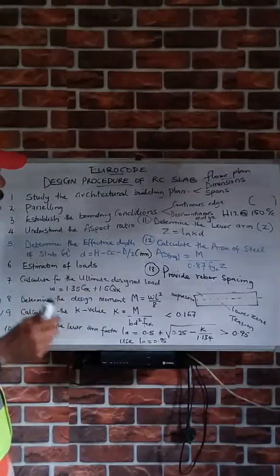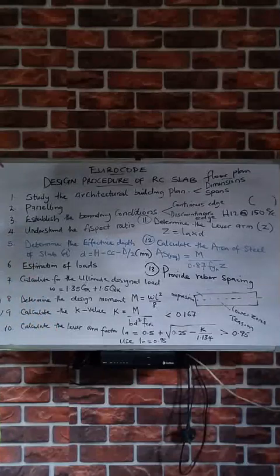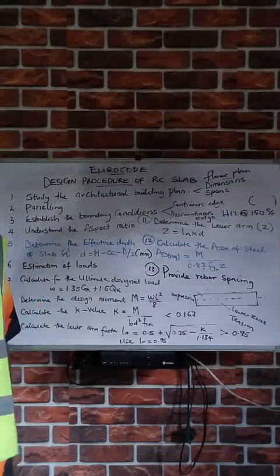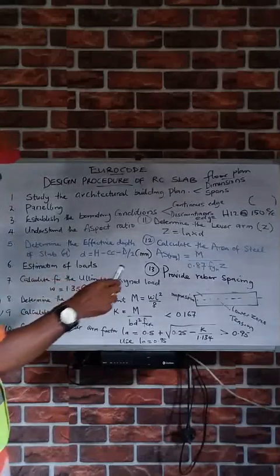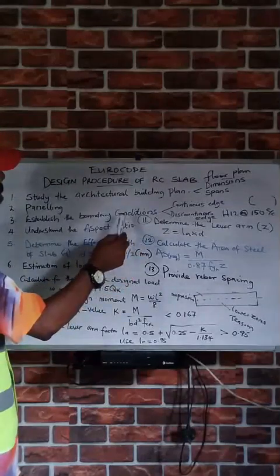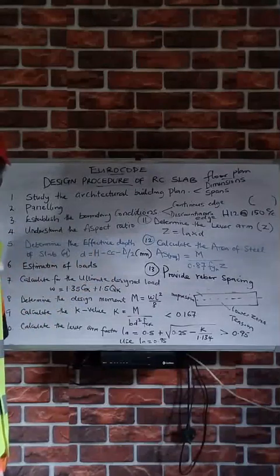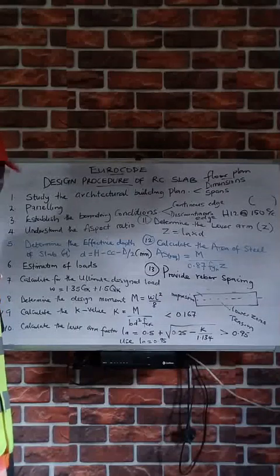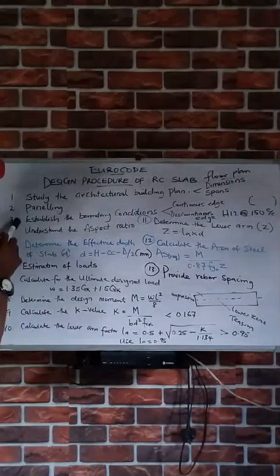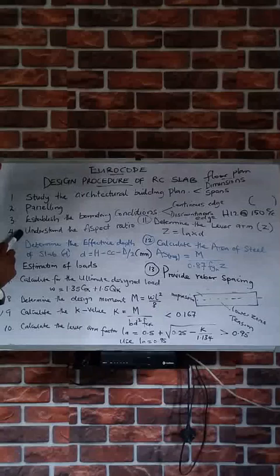All right, now understand, by the time we get to talk about the one-way and two-way spanning slab, you will find out that for us to design a two-way spanning slab, we need a moment coefficient table, and that is where this aspect comes in, the aspect ratio and the boundary condition.